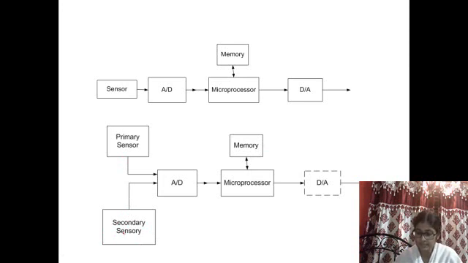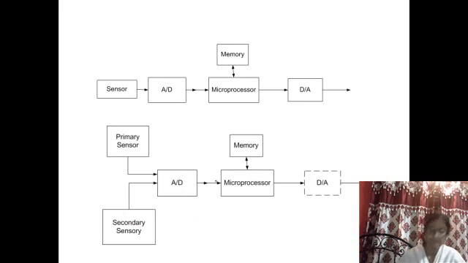A transmitter in which the corrections are applied to the primary sensing signal using a microprocessor to process information embedded in memory, or in which a microprocessor is used in conjunction with the secondary sensor to derive the corrections for the primary sensing signal, is termed a smart transmitter. So this is the basic block diagram of a smart transmitter.